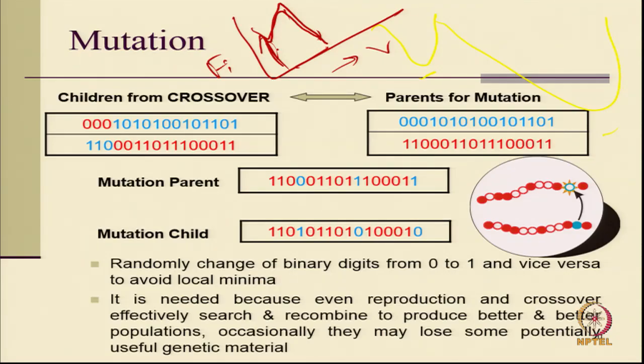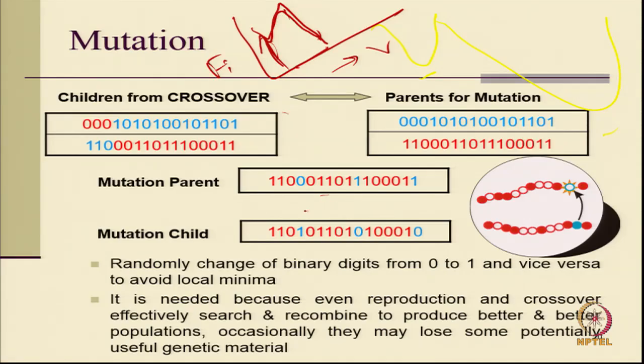So, what is done? Sometimes you do what is called mutation. In mutation, you generate a random number and randomly change one location, from 0 to 1 or 1 to 0, because you have only two cases.